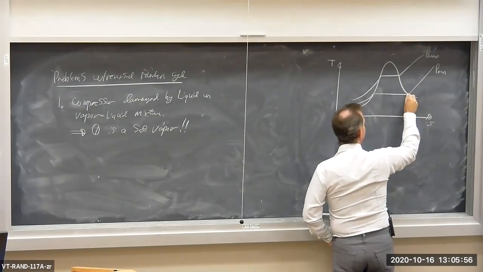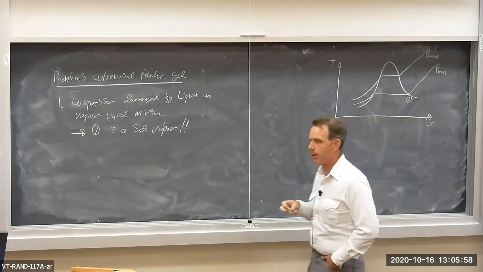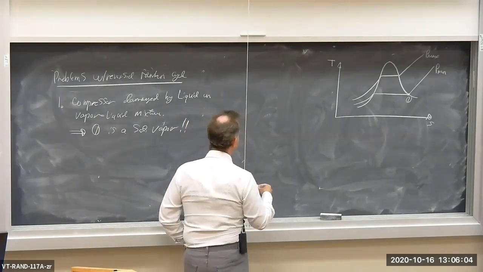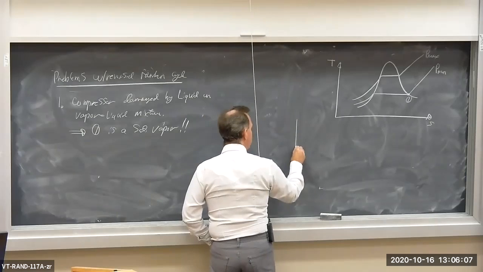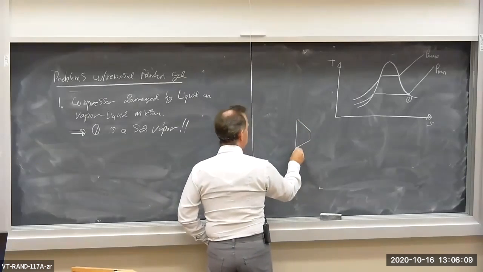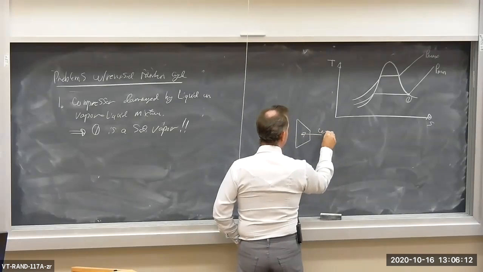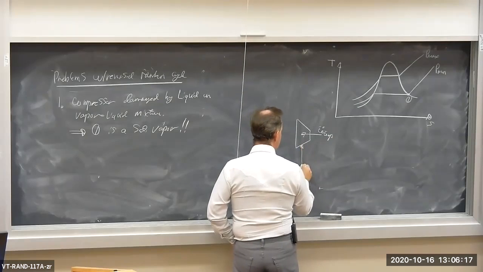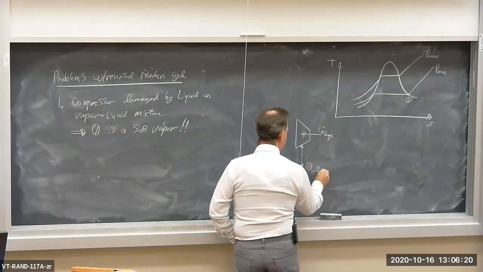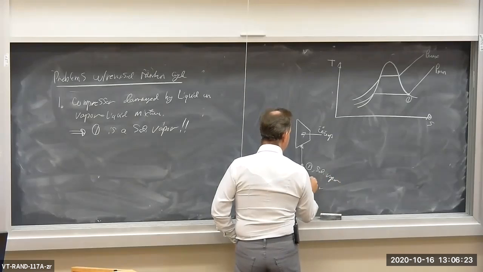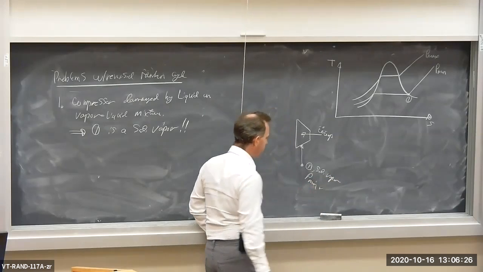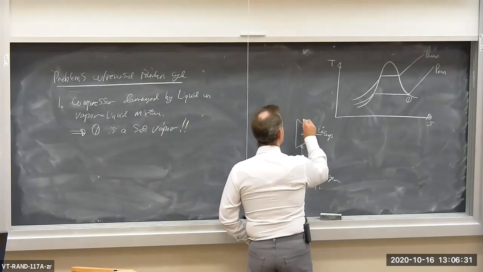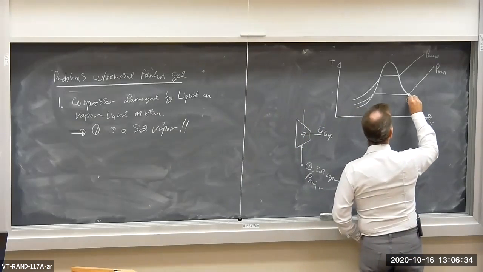So we're going to change state 1 to a saturated vapor. Okay, state 1 is a saturated vapor. So let me draw a compressor here. So we're doing some W dot compressor. So state 1 of the working fluid is a saturated vapor at P min. Okay, so now we're going to compress it.